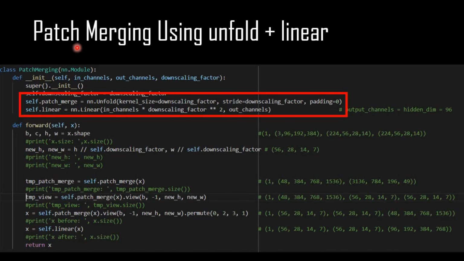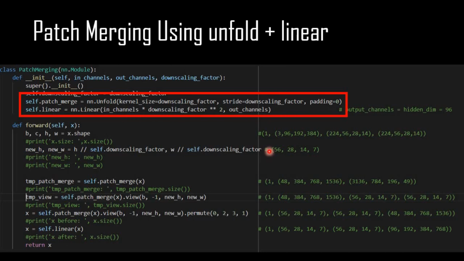In the GitHub code, they use a different class called patch merging, where they are using unfold and also a linear layer. And for the unfold, again, the kernel size and stride are both equal to the downscaling factor. And for the linear layer, they are just correcting the size of the output.